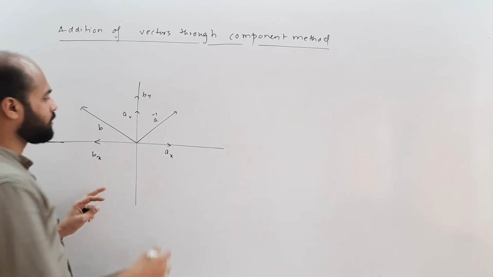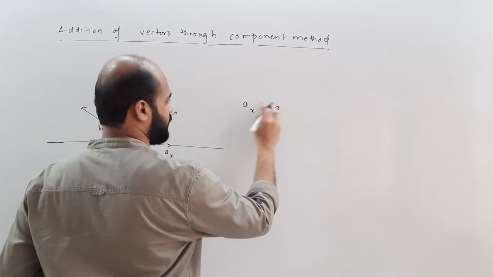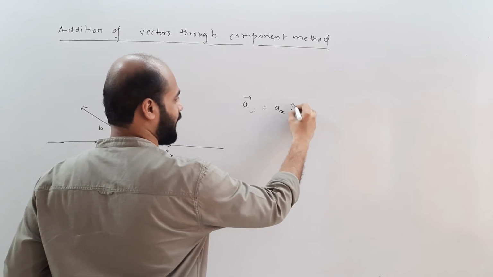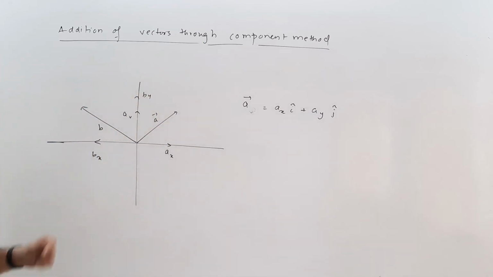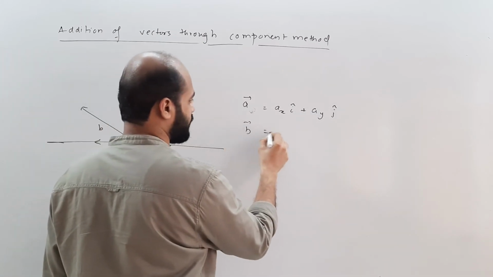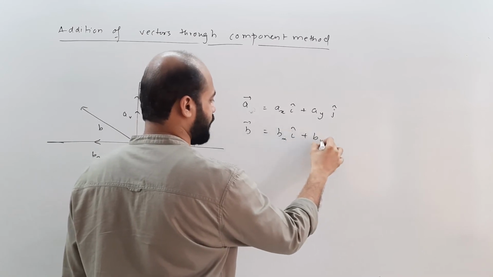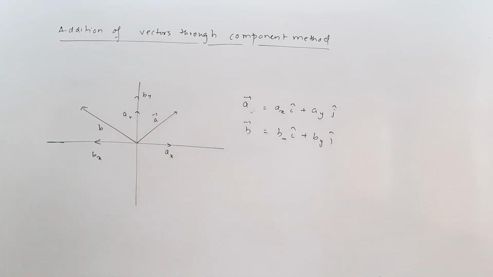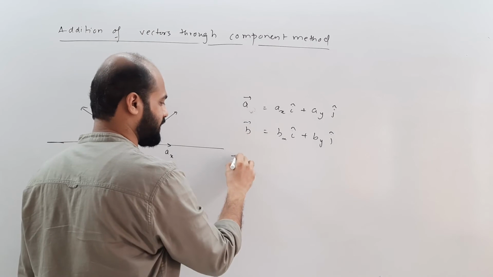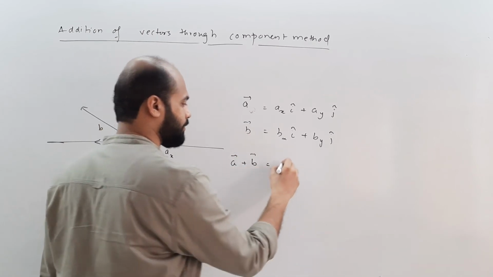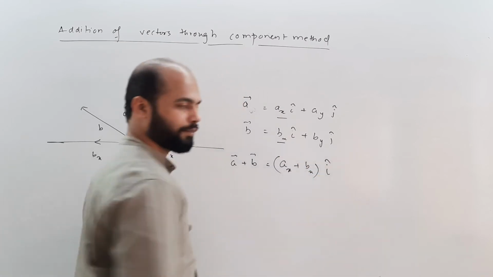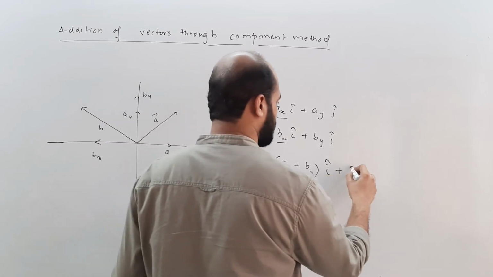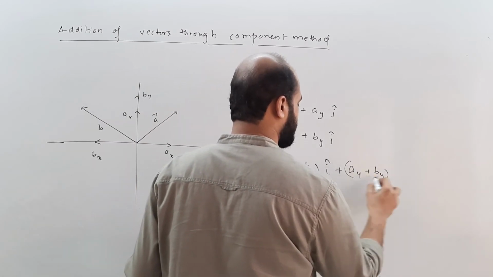So I can define these two vectors as a bar is equal to ax i cap plus ay j cap, and b bar is equal to bx i cap plus by j cap. Now if I have to add them, I'll have to add the x components, that is a bar plus b bar is going to be ax plus bx i cap and ay plus by j cap.